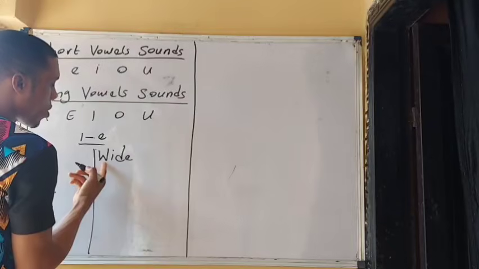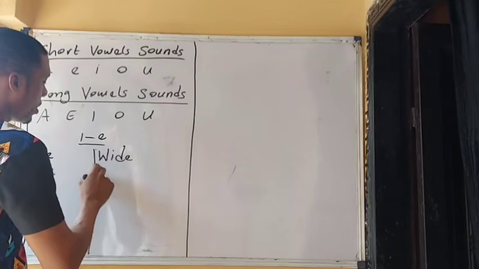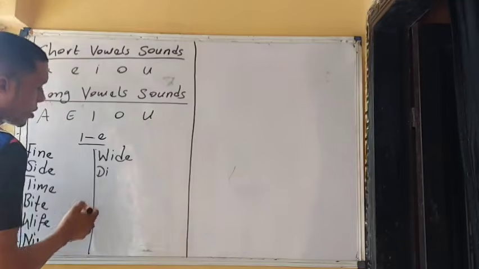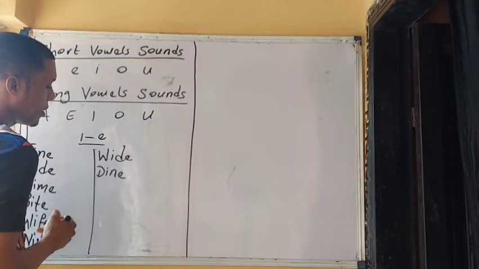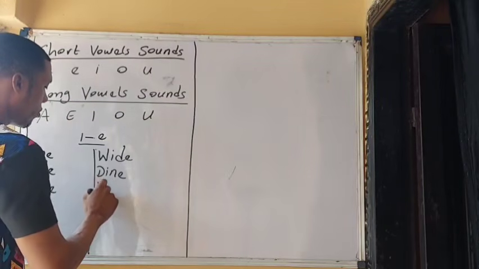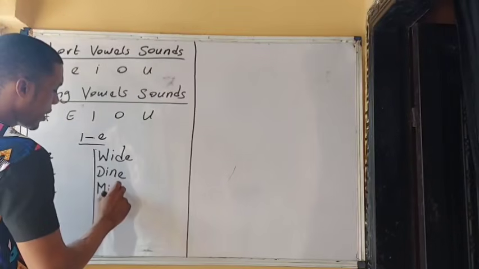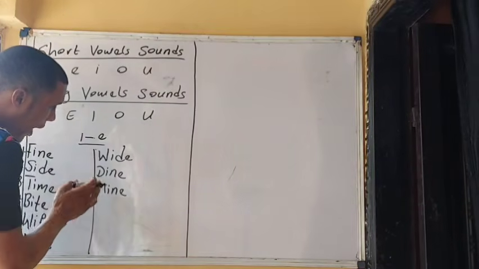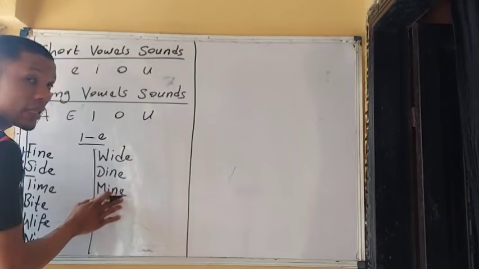It becomes what? Wide. d-i is "di". If I add n-e, it becomes dine. m-i is "mi". If I add n-e, it is mine. This letter E is silent.